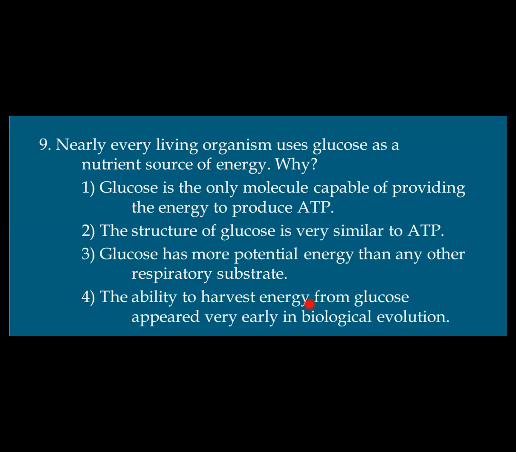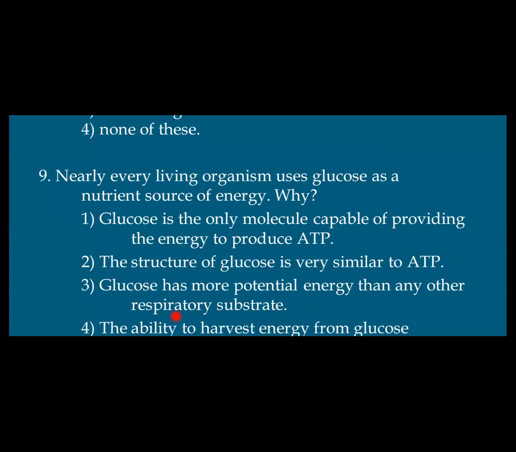From there, when heterotrophs came into existence, they started utilizing glucose, and we have enzyme machinery which can very well adapt to utilization of glucose, and that has been decided during the evolutionary course. So option 4 is the right answer. Question number 9, option 4 is the right answer.